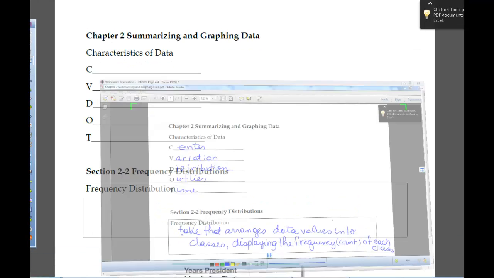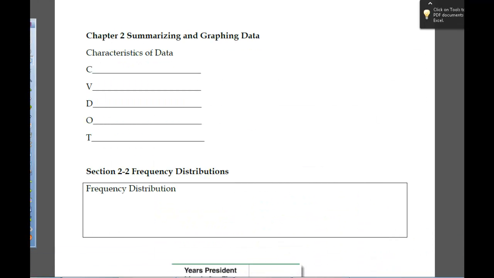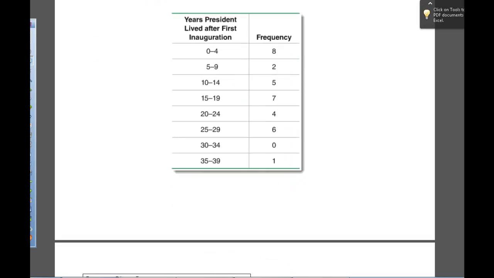So we probably have an example of one. Here is a frequency distribution. These are the years that presidents lived after their first inauguration. How many presidents have we had so far? 48, I think. 44, I don't know.